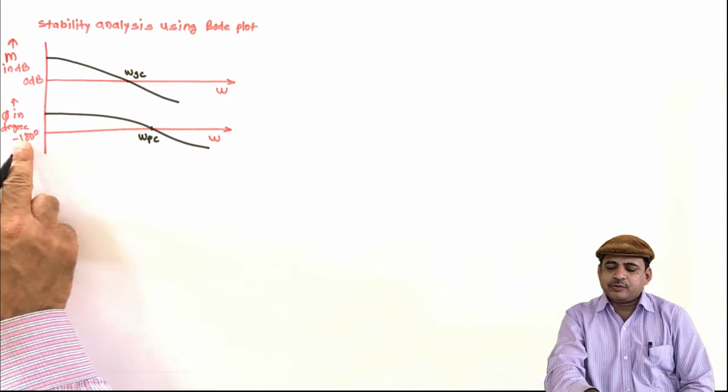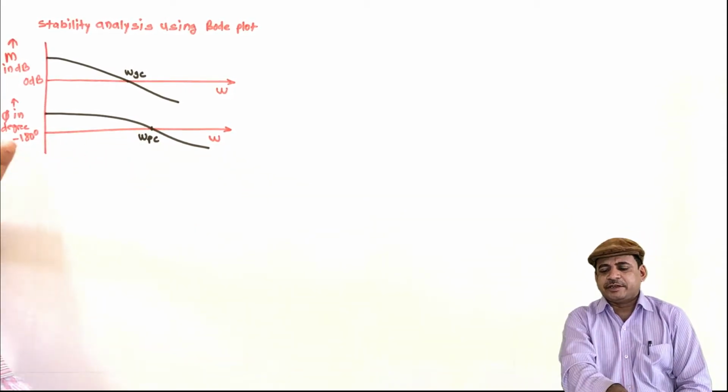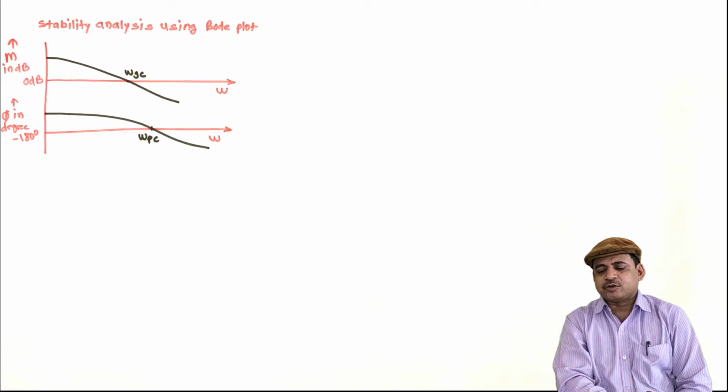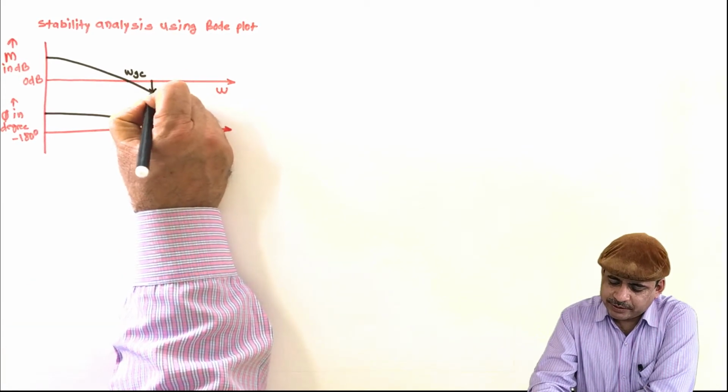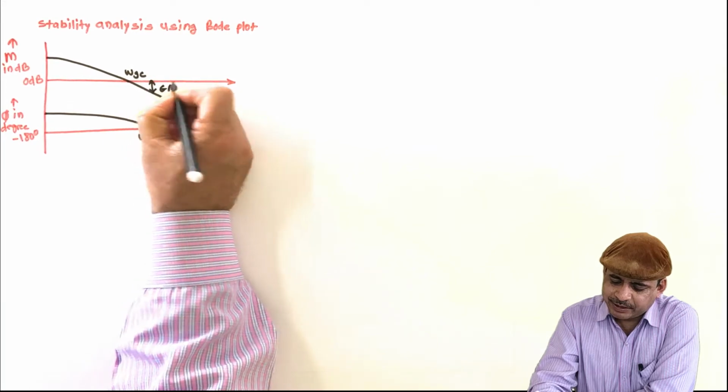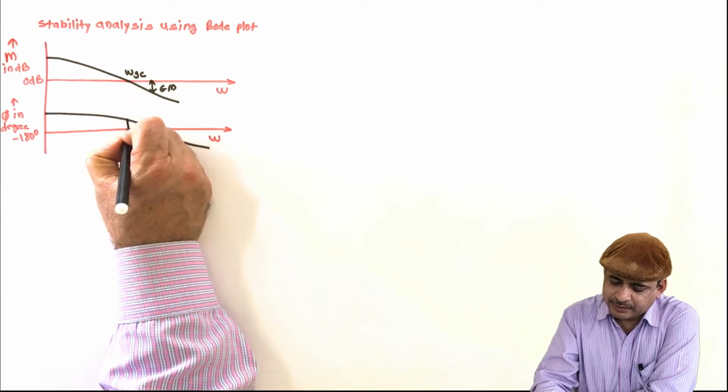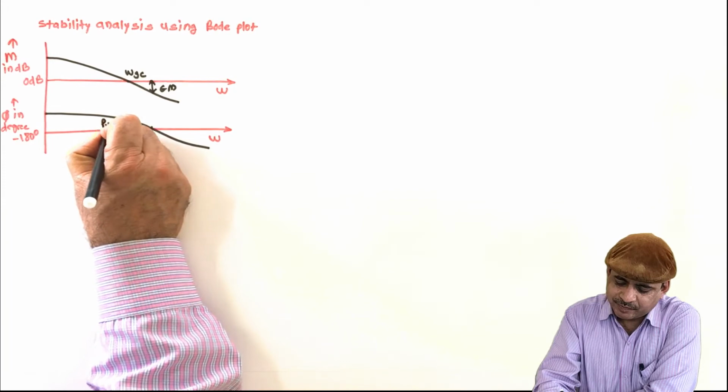The point at which phase plot cuts minus 180 degree line is phase crossover frequency, and then from the projection we get this as gain margin and this one as phase margin.